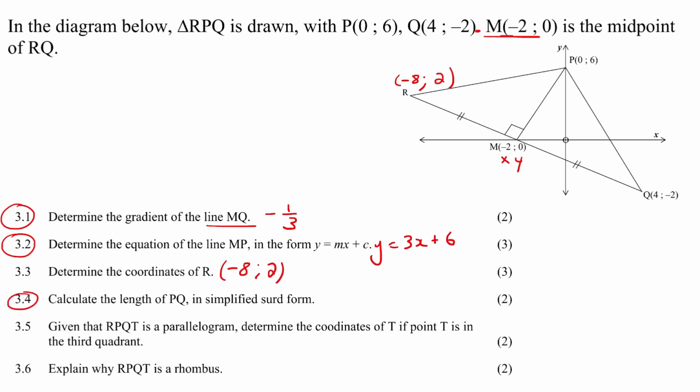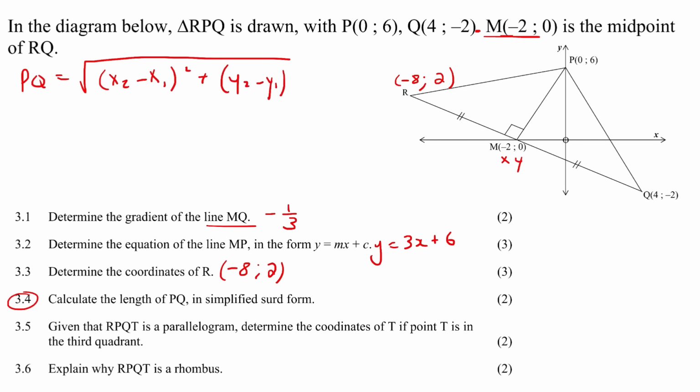This question here says, calculate the length of PQ in simplified surd form. Doesn't get easier, guys. To calculate the length, we're just going to use the distance formula. X2 minus x1 plus y2 minus y1. I'll just use this as point 2, this is point 1, doesn't really matter.